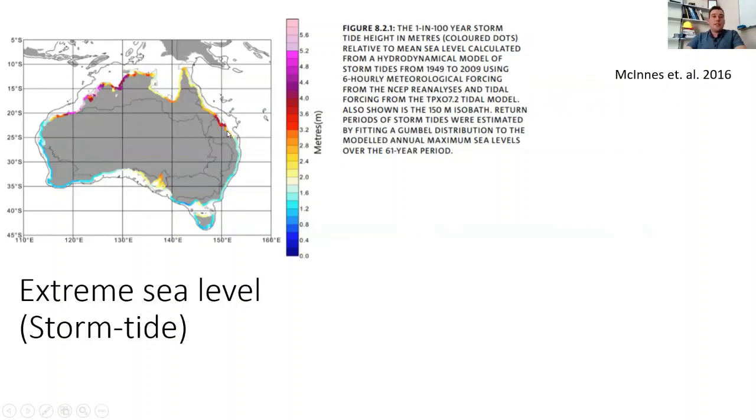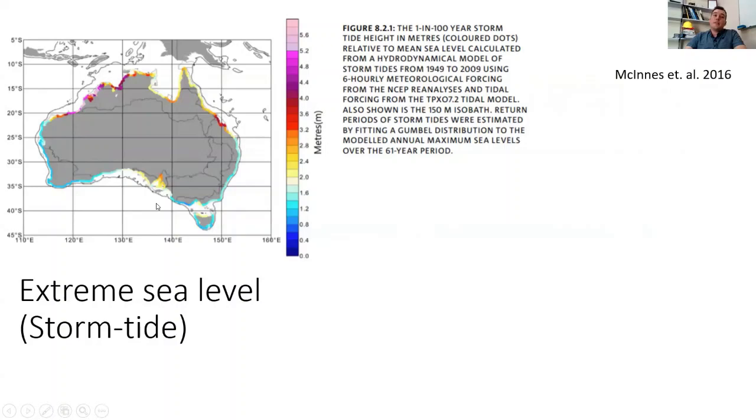So it's the level indicative of an extreme event. We can see that the extreme sea levels are much higher on the northern Australian coast, the northwest shelf, where we have high astronomical tides as well as tropical cyclones, which can generate huge storm surges, which create large extreme sea levels.